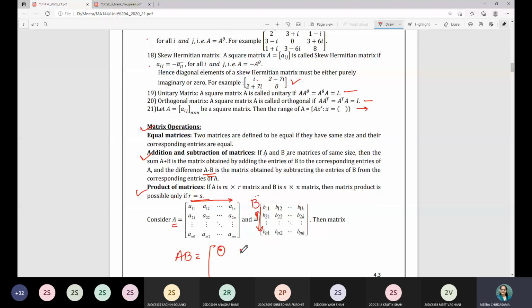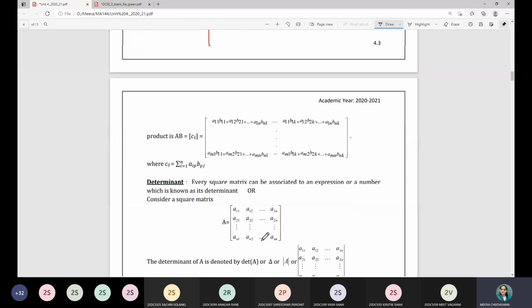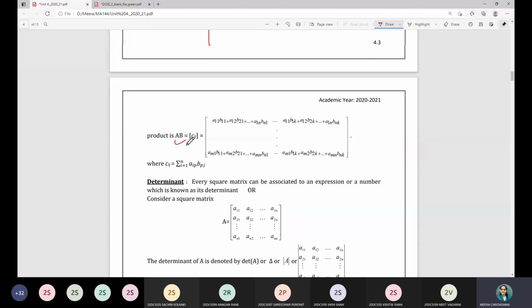This other one is situated at first row, second column. So take the first row, multiply each entry with the second column and then add them, and you will have this one, right? So this is already described over here, that AB is given by this one.